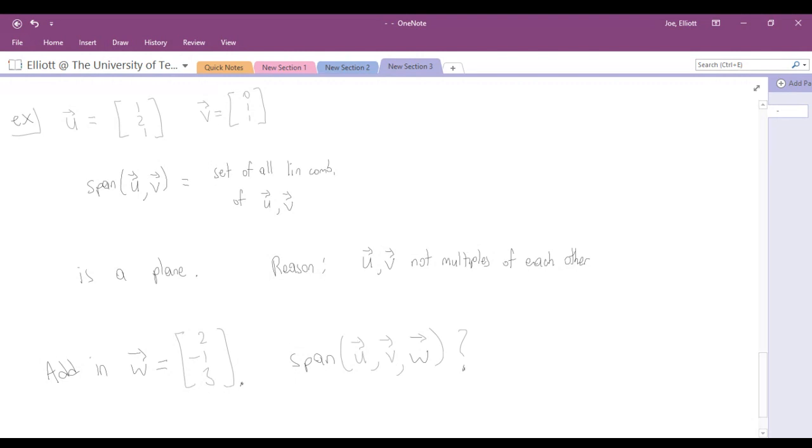Any idea on that? All right, so let's go over how we would approach this question in 3D.